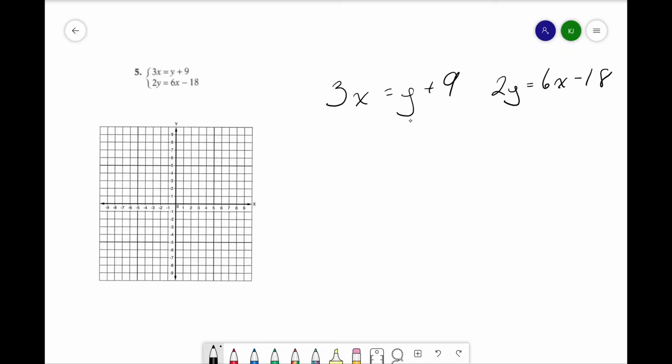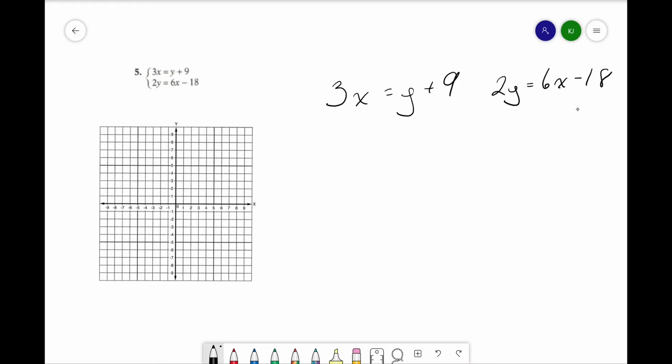And now looking at them, which one do you think is going to be easier to simplify down to see whether they're the same equation or not? The 2y equals 6x minus 18, because they have even numbers across the board. Whereas this one, because it's missing something by y, makes it a little bit harder to work with.